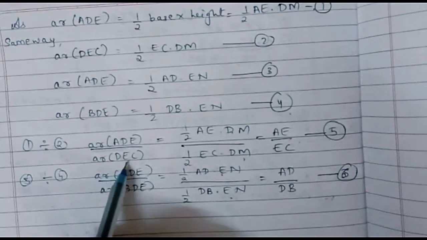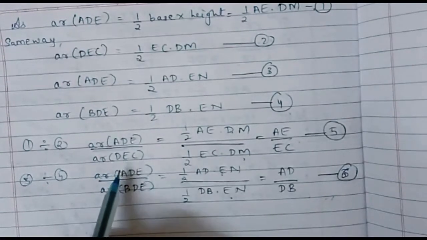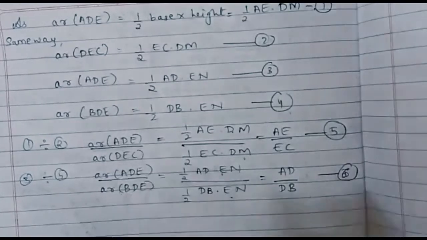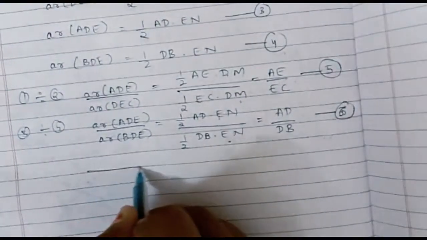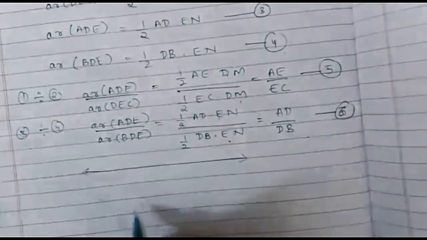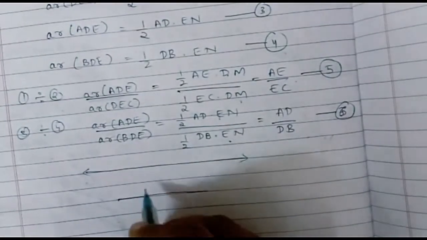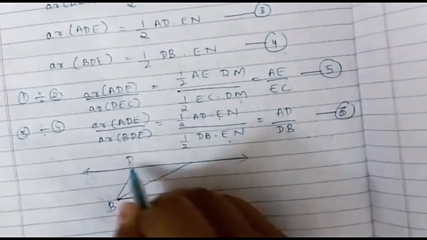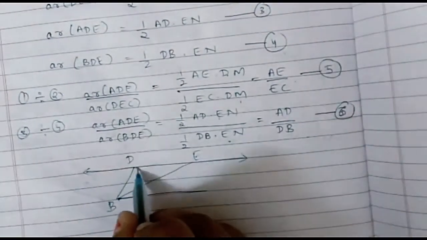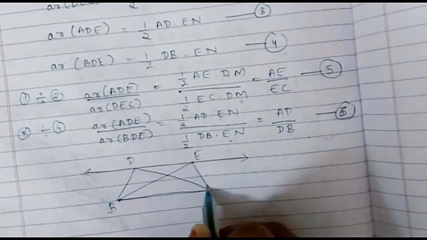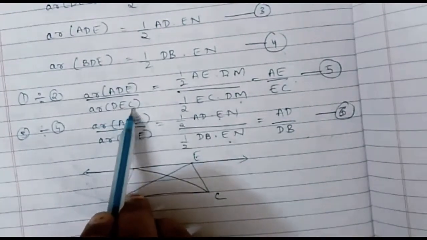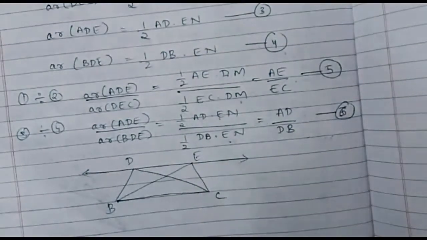Now let me talk about the denominators. So the denominators are triangle DEC and BDE. Let me draw those triangles again. So this was your figure, right? This was triangle BDE. Same way another triangle was C, right? DEC, or you can call it CED.